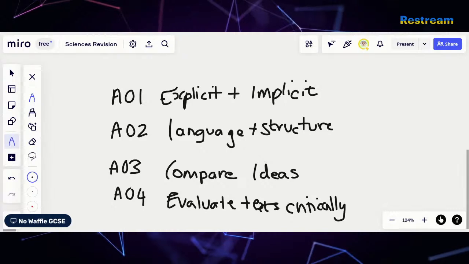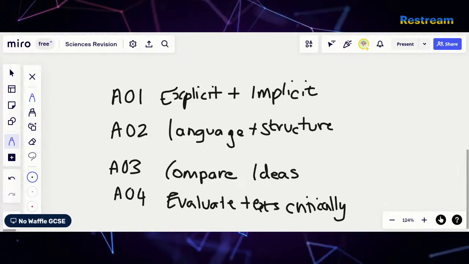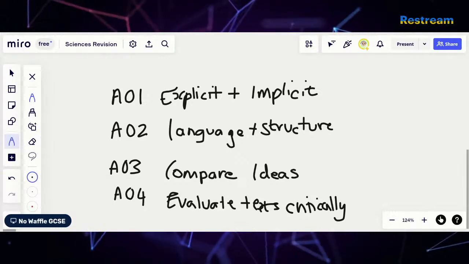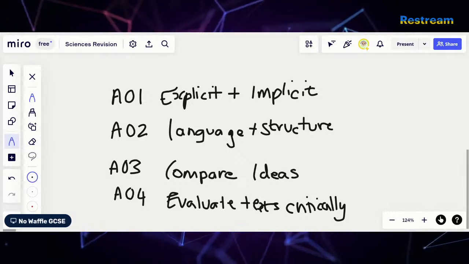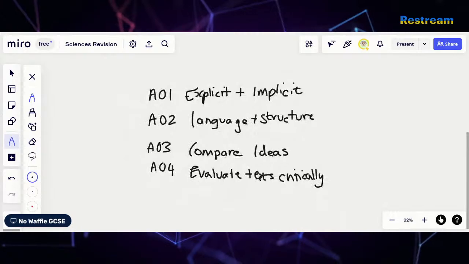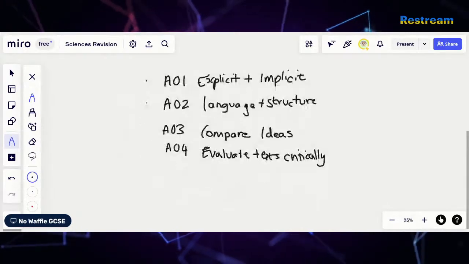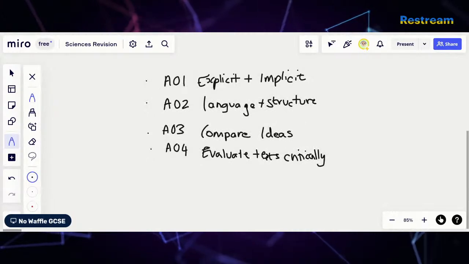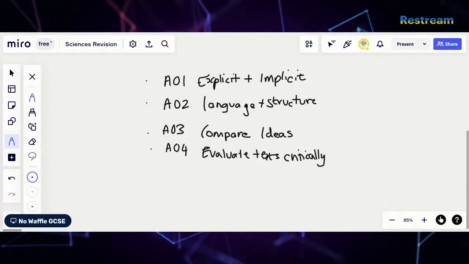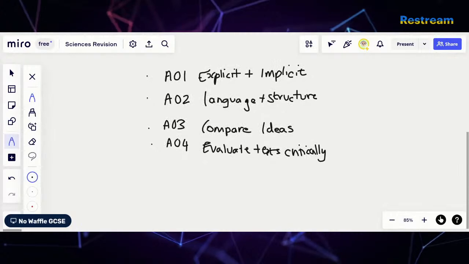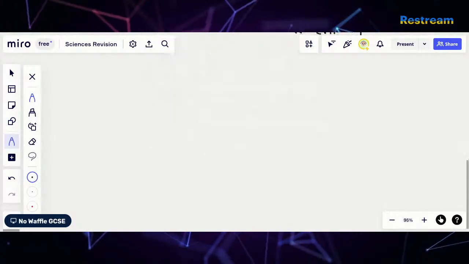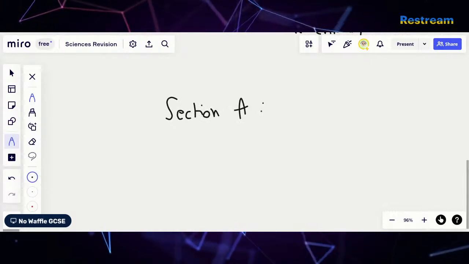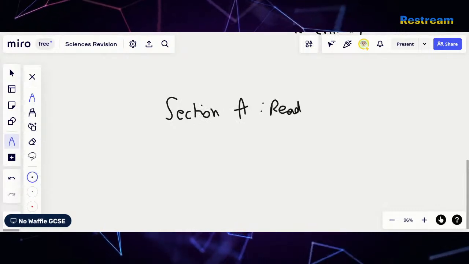Now, these AOs are all found within Paper 1, Section A. So it's important that you spend your time reminding yourself of what these AOs are, because this is what you'll be given marks for, each of these 4 AOs. Section A is called the reading section. This is what we will be focusing on today.